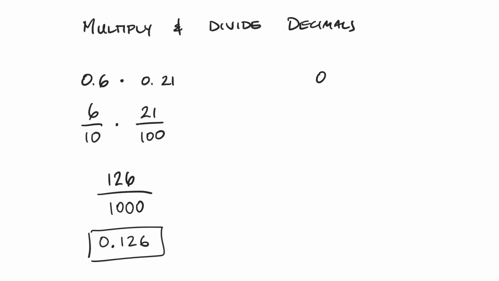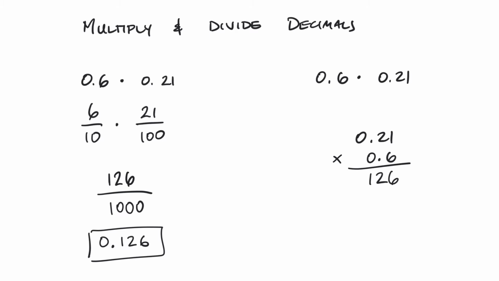A lot of us have learned if you have 0.6 times 0.21, you can just multiply them like this. You do not have to line up the decimals. And you get 6, and then 2 times 6 is 12, so we get 126, and that's all we have to do.